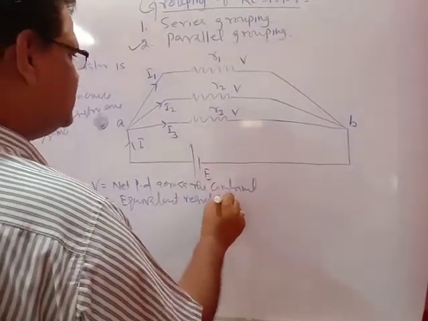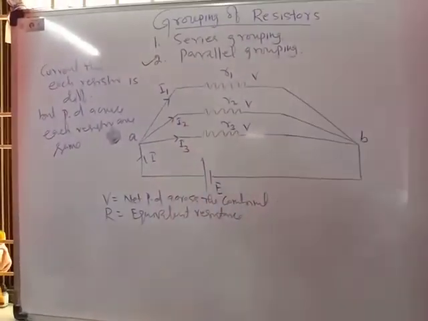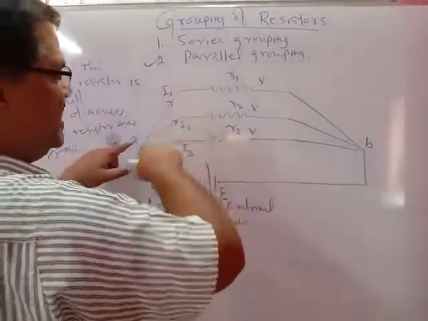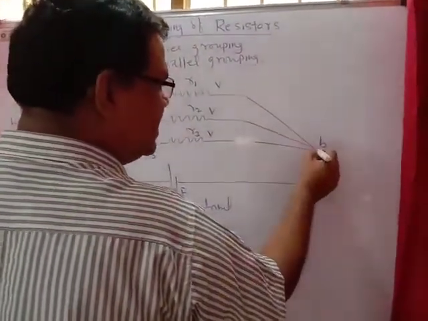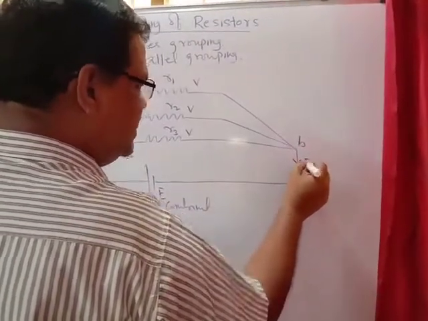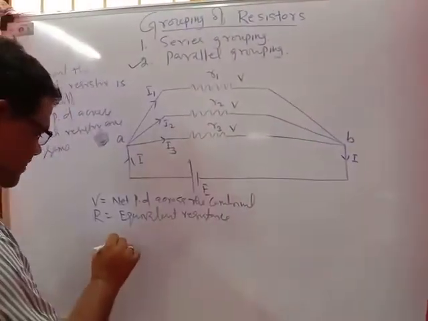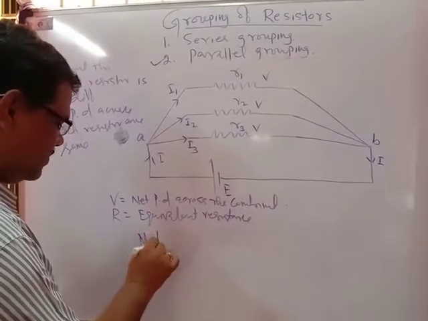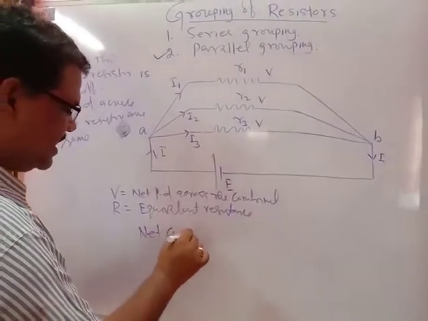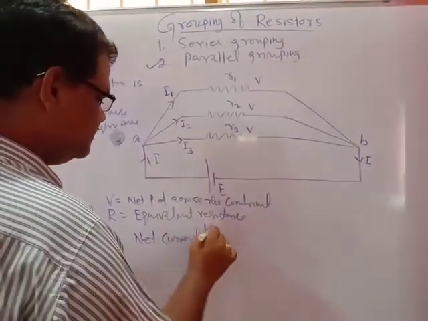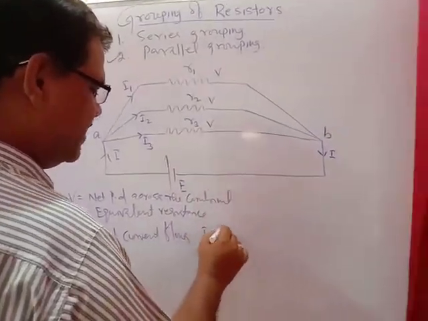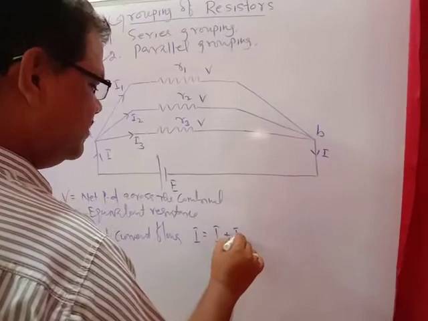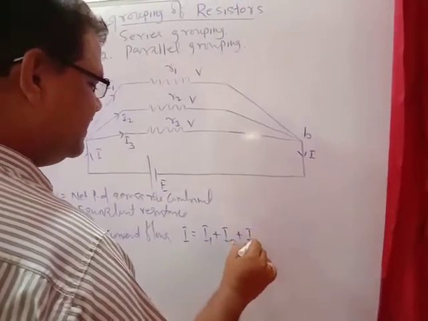A different current flows through each resistor, because I1, I2, I3 pass through different resistors, and then they combine again, giving I here. So what is the net current through the combination? The net current I equals I1 plus I2 plus I3.